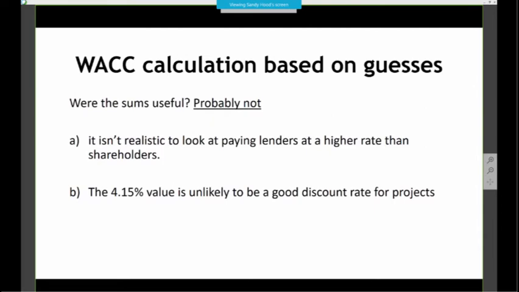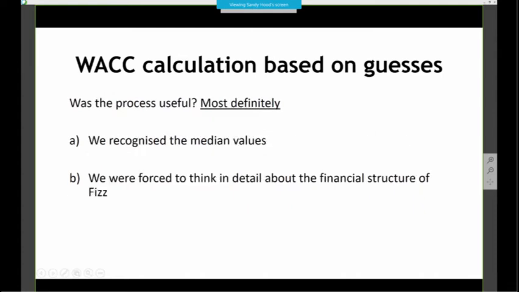And does it really recognise risk and so on if we're going to use it to discount future projects? So, as a number crunching exercise, not brilliant, but was the process useful? Yes, I think most definitely.